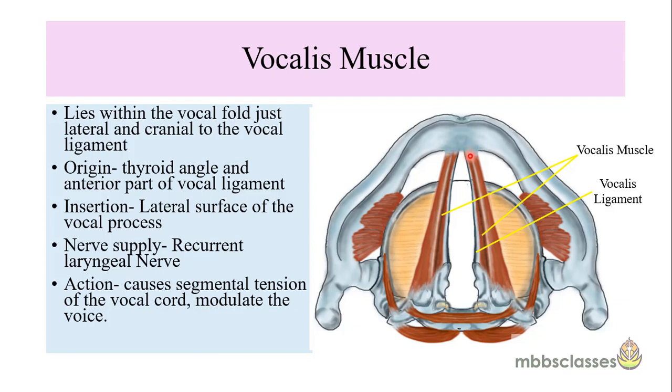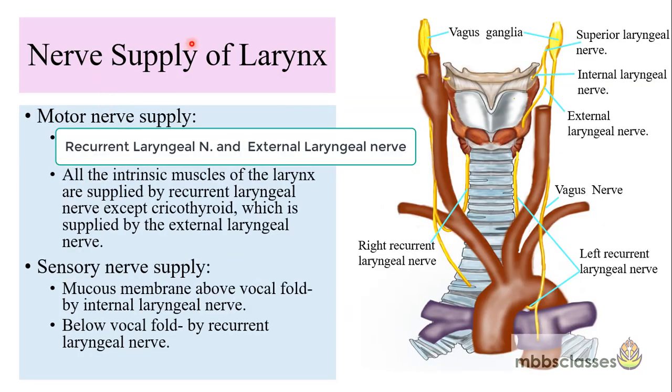So this one is the thyroid angle, this one is the origin, and it is inserted over the lateral surface of the vocal process. This one is the vocal process, so it arises from here, and insertion is over the vocal process lateral surface. Nerve supply is again the recurrent laryngeal nerve, and its action is that it causes segmental tension of the vocal cord, and it modulates the voice.